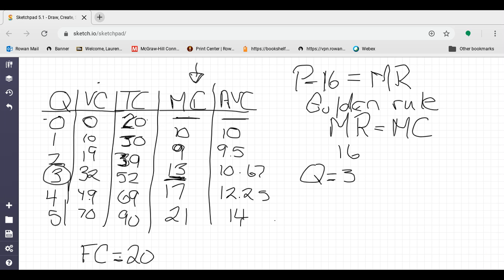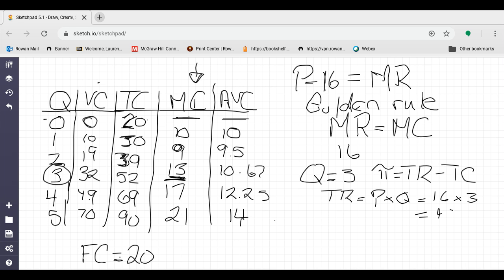But let's find that profit. And what does profit equal? Well, it's total revenue minus total cost. Total revenue is price times quantity, which is 16 times 3, $48. And we use the total cost in the table.